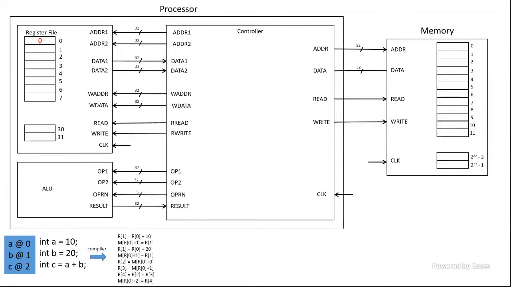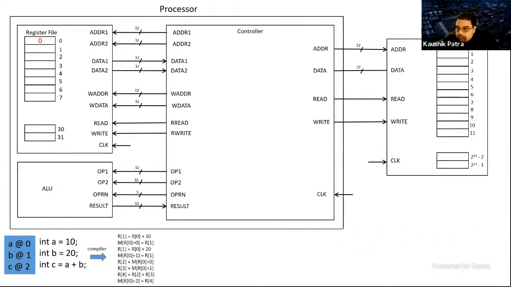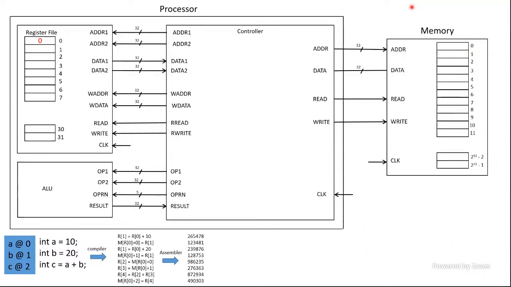Okay. All right. Now we have seen previously that after you compile your high level program into some sort of lower level program, the assembler tool comes into the picture and converts these instructions into machine code. And then this machine code is going to be executed.